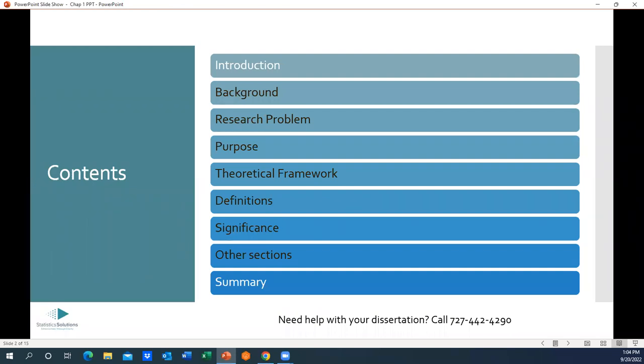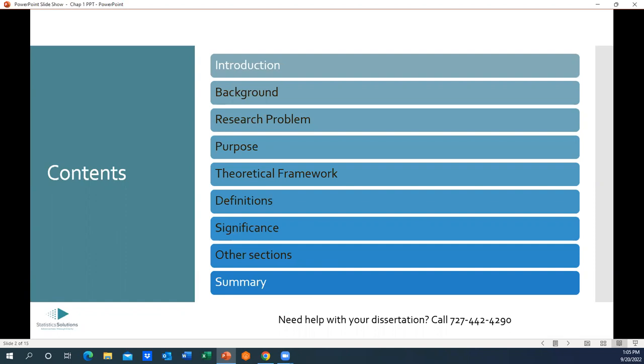Where chapter 2 is the literature review and chapter 3 is the methodology, chapter 1 is more like I said, the blueprint. Here's what you plan on doing. And it should basically answer 3 big questions. It represents the what, the why, and the how of your study. So the what is the topic.